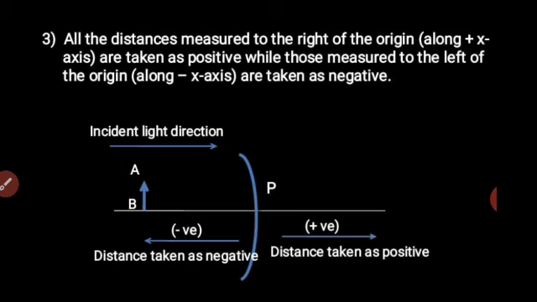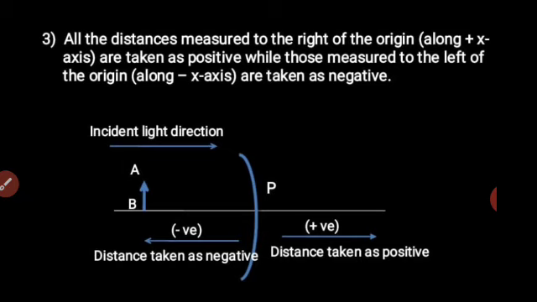Let's take an example and understand this. In the previous videos of image formation by concave mirror, we have seen 6 cases. The last case, the 6th case, where we place the object close to the mirror between P and F, we get a virtual erect and enlarged image on the other side of the mirror.